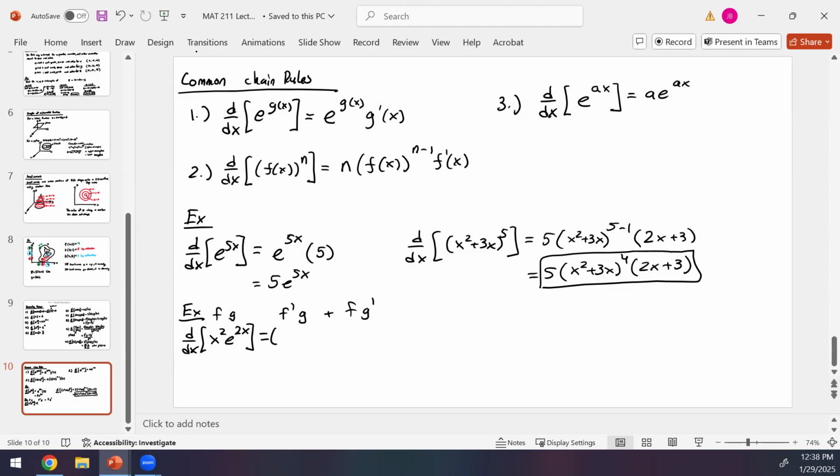So what is the derivative of f? 2x times g, e to the 2x, plus x squared for f, and then times the derivative of g, which is 2 e to the 2x. And that's my product rule, okay? And like I said, you should at least be able to do the basics of a product rule. That way you can feel comfortable doing them.